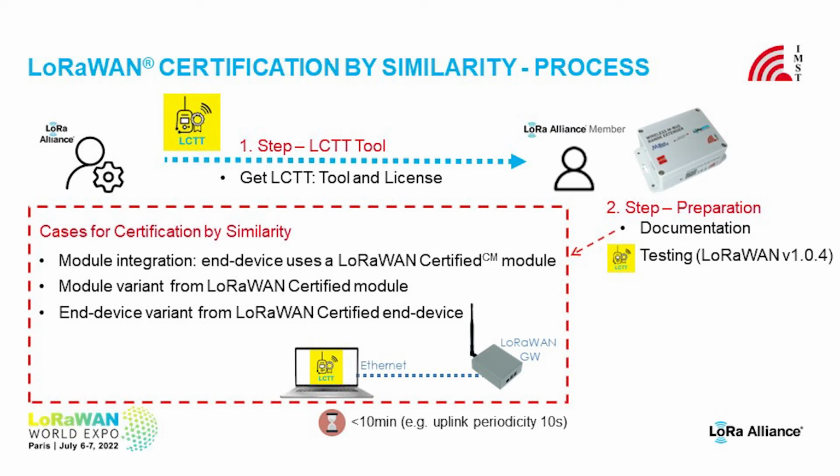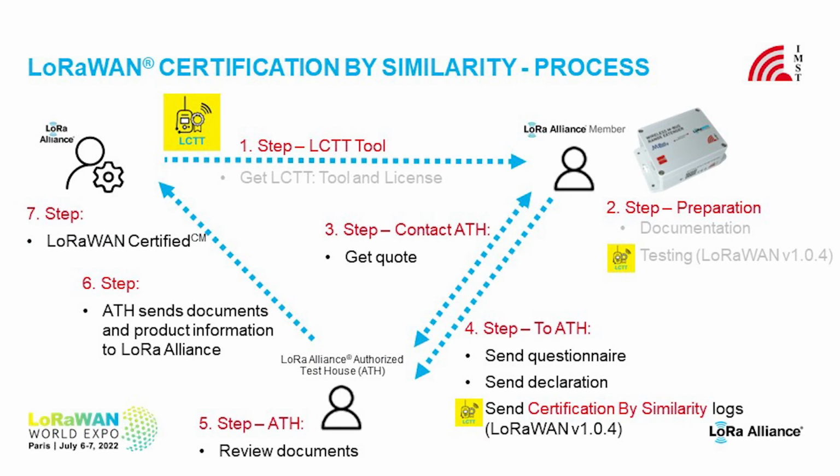So it's a really easy test where only the activation, the MAC commands, the reception of the downlinks in the first and second window, and the confirmed downlinks with the corresponding acknowledge, and those kinds of features are checked.